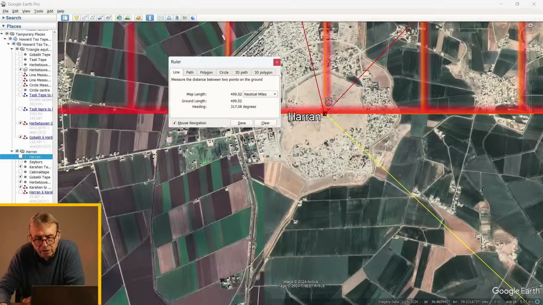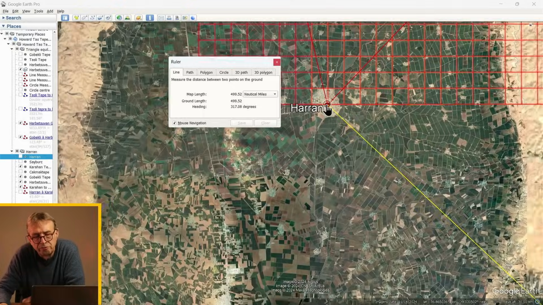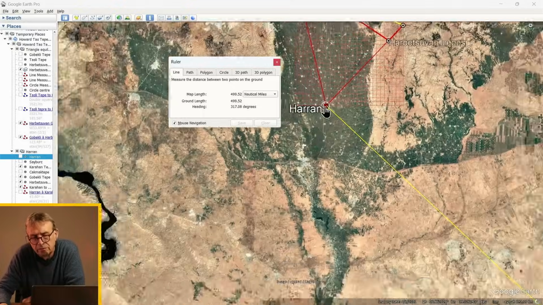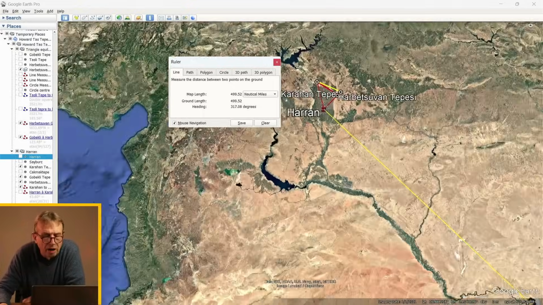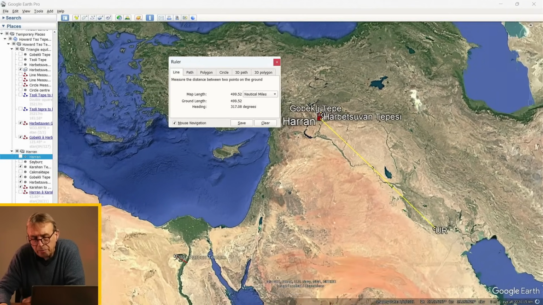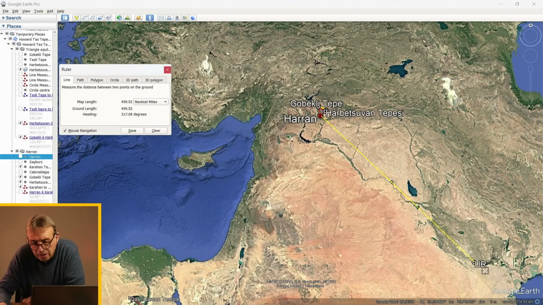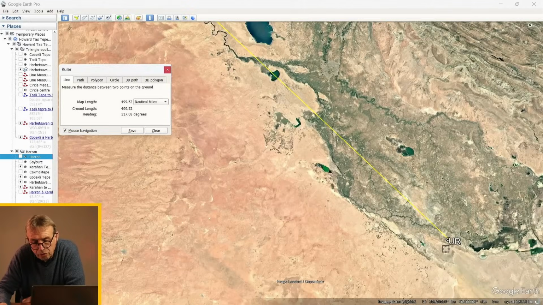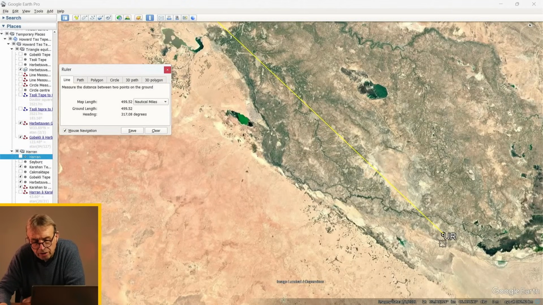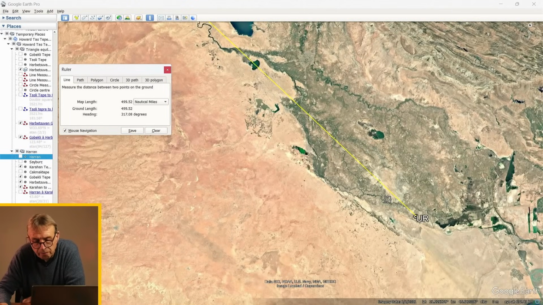And if we look at the path that Abraham and his family followed, we can see that they basically went up the river Euphrates. This is the Tigris to the north and the Euphrates.